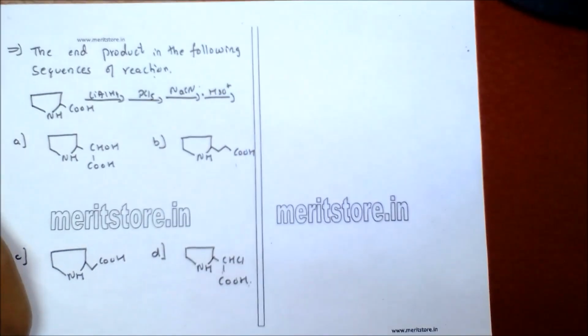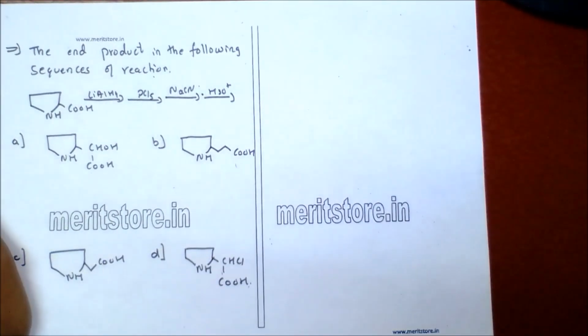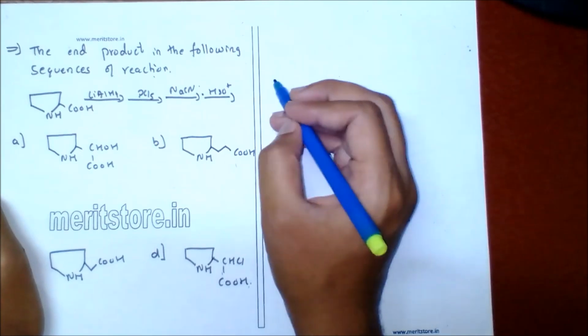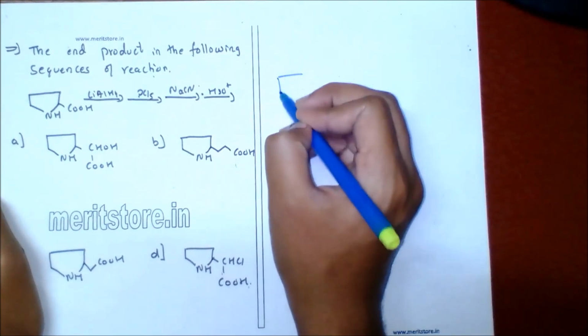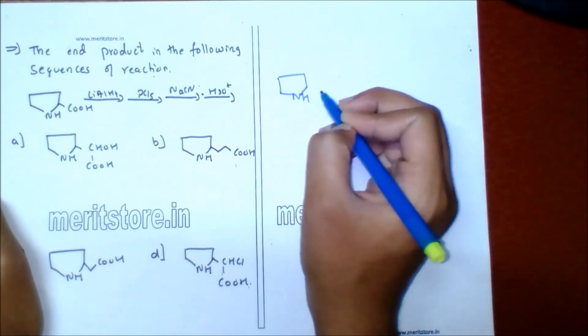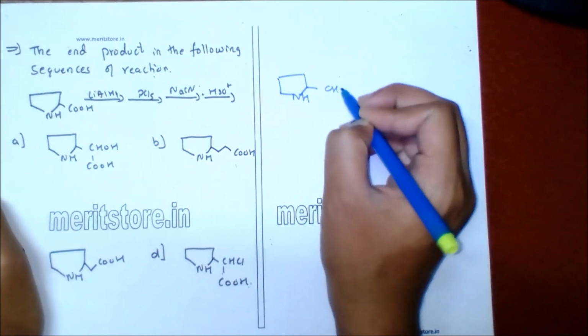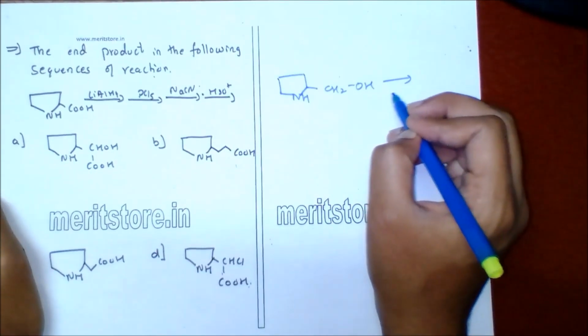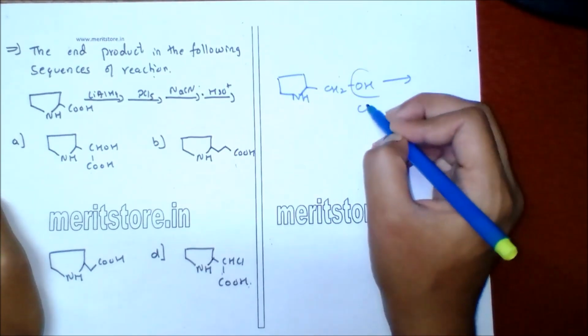The end product in the following sequence of reactions is? When this compound reacts with lithium aluminum hydride, the structure formed is NH bound to CH2OH, which on reaction with PCl5 has its hydroxyl group replaced with chloride.